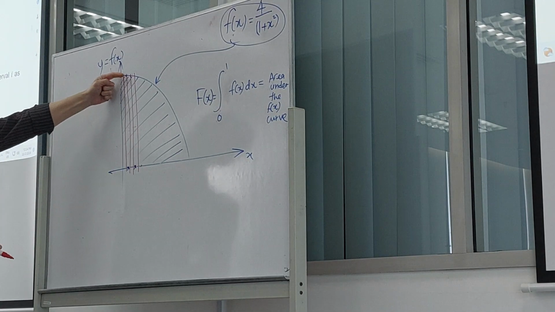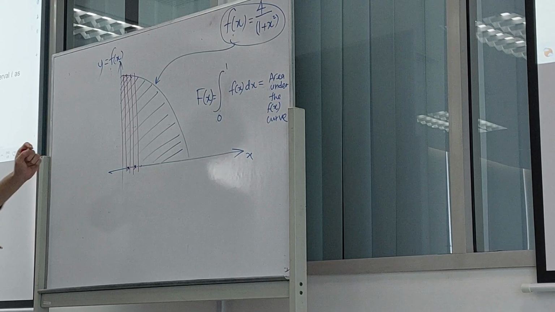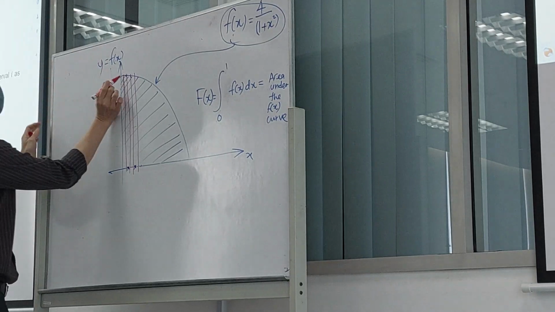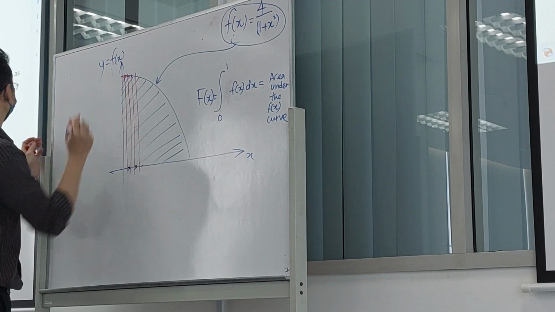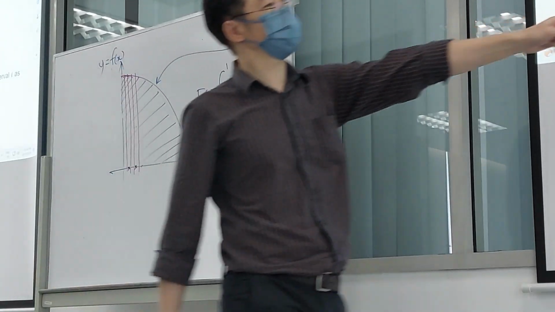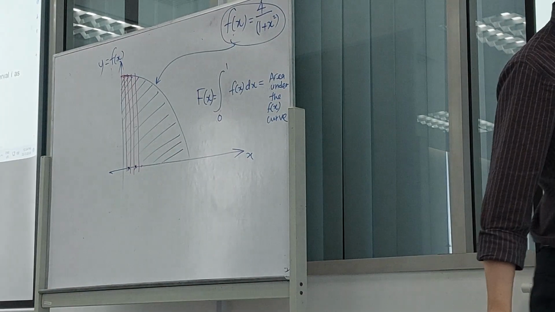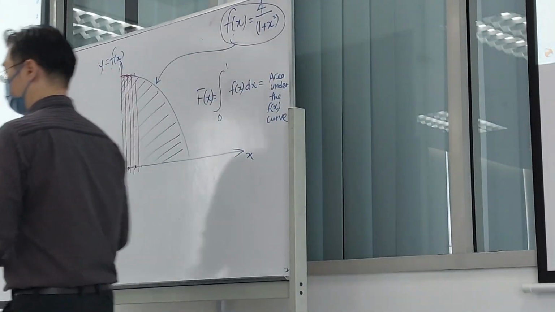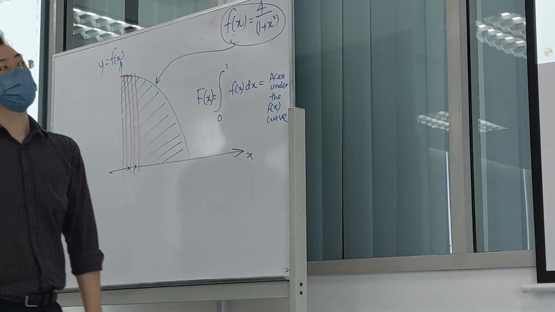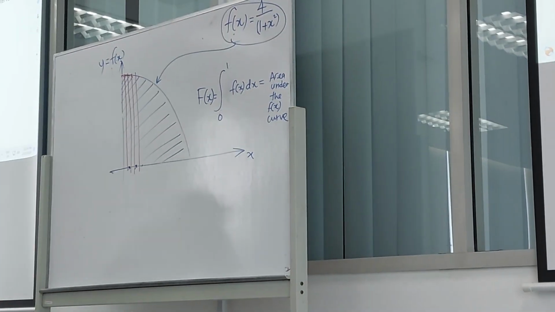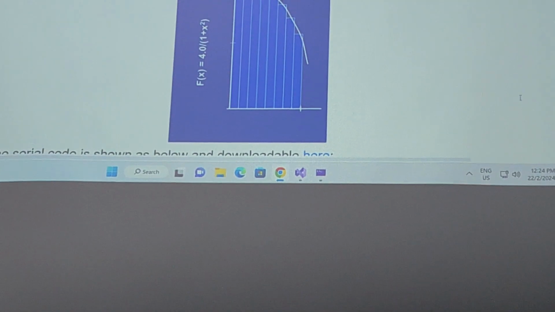And of course, this one looks like a curve. But this thin slice looks like a square strip. Just like what you see there. Isn't that square here? But there's some error there, right? There's some error there. Okay, some of them the error is quite big, some error is quite small.